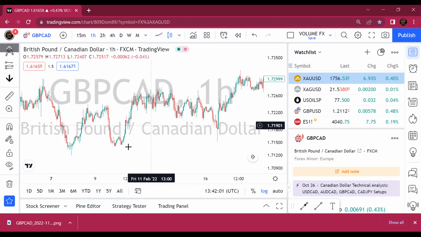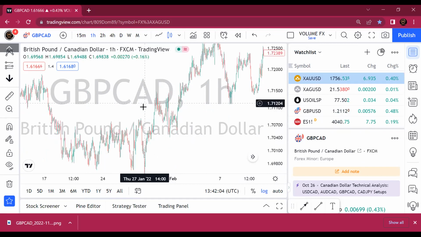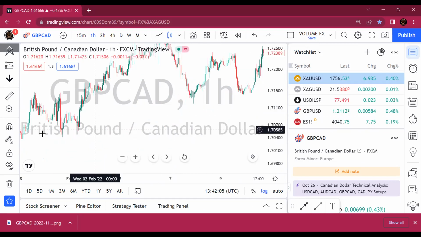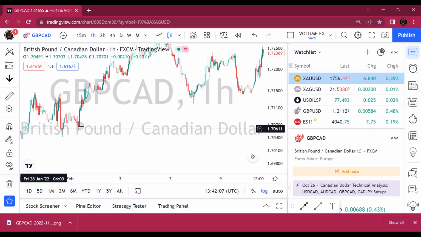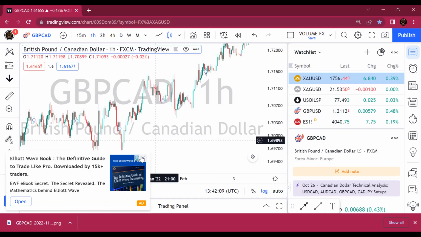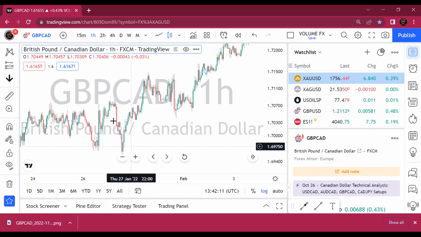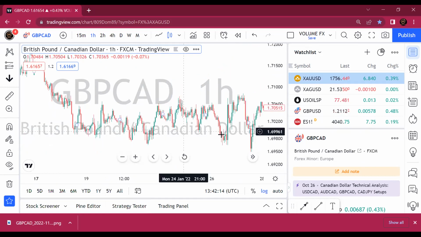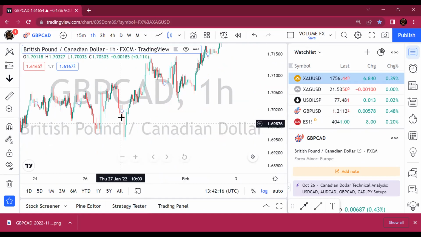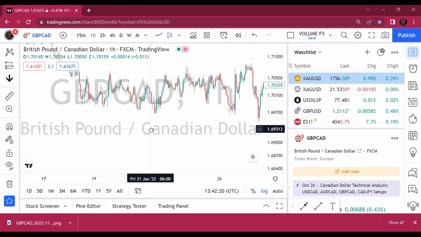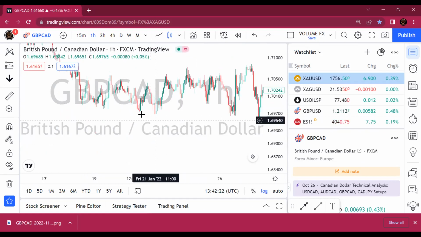You're looking for your morning star down here. Down here. This is a bullish engulfing. This is not a morning star. This one here. This is a morning star.